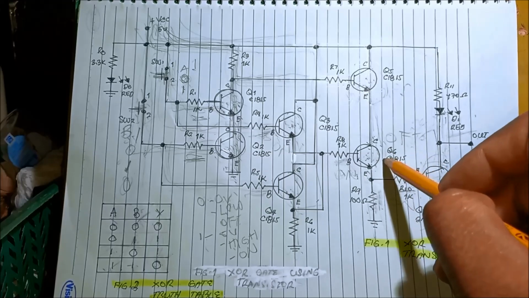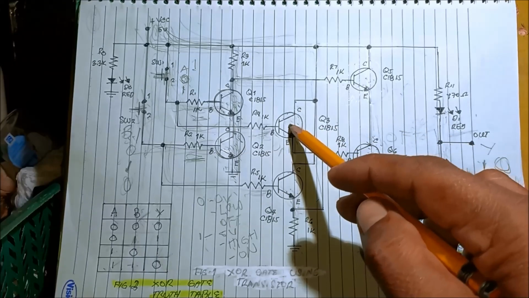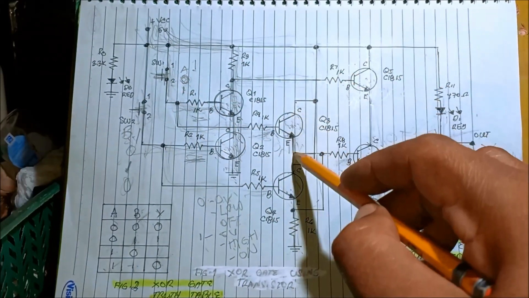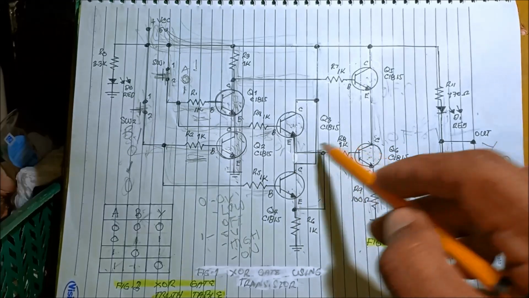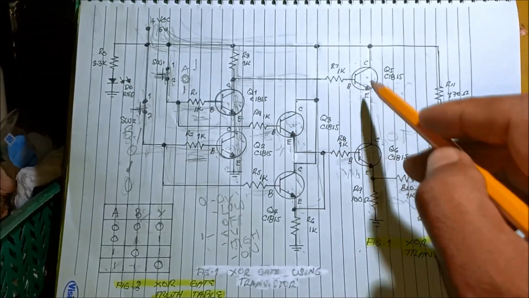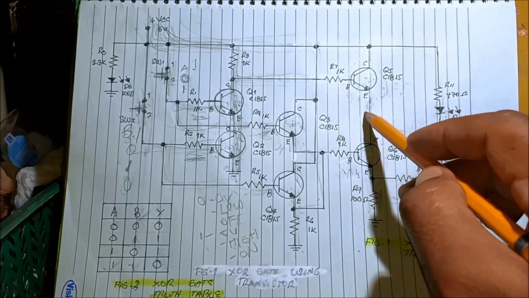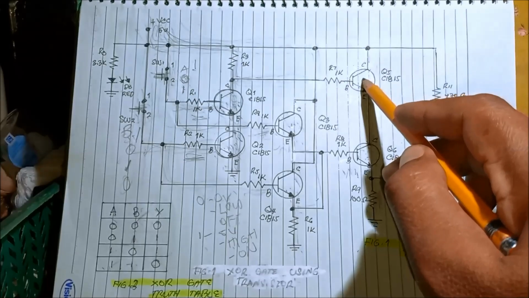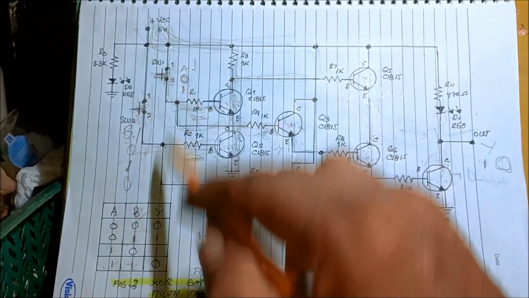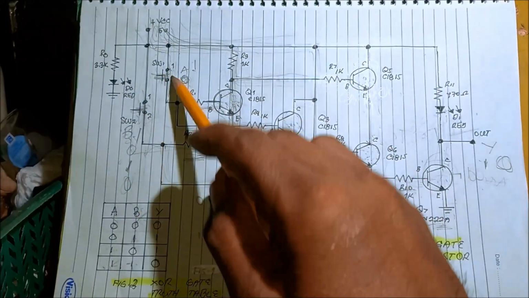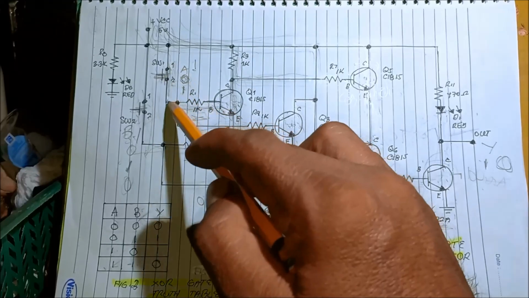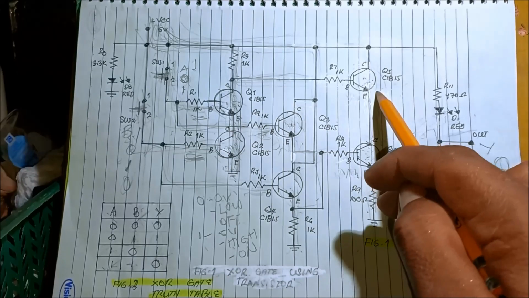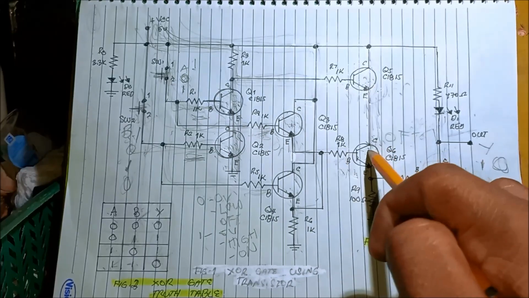Okay, and how about this one? Even though this is on, injecting the voltage or the current to this transistor is still off, because there's no current that flows from this transistor collector to emitter, because this is off due to the switch being closed for the switch A and B. So this is off, making this off.